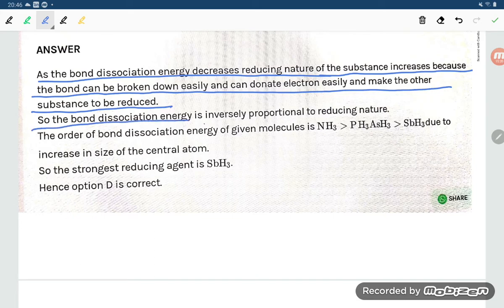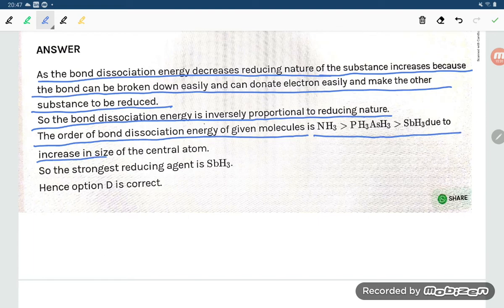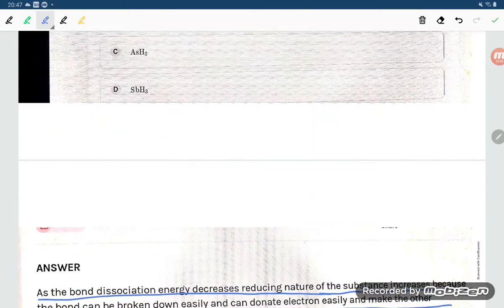So bond dissociation energy is inversely proportional to reducing nature. The order of bond dissociation energy is NH3, PH3, AsH3, SbH3, due to the increase in the size of the central atom. So the strongest reducing agent is SbH3. Hence option D is correct.